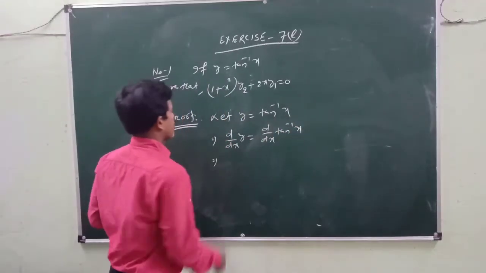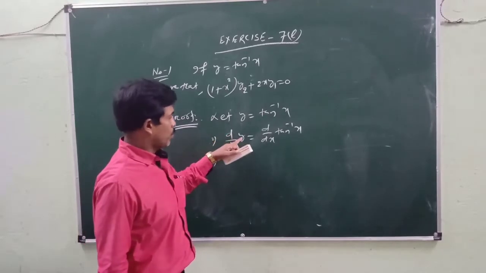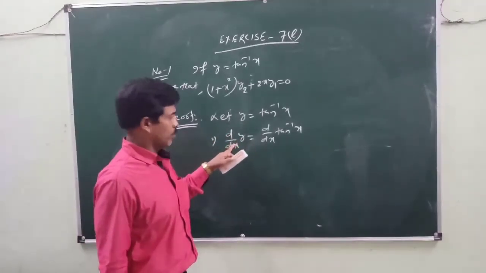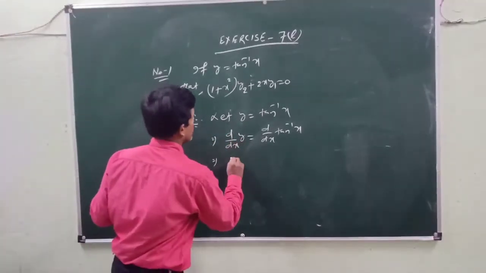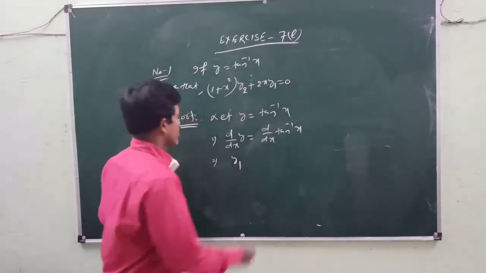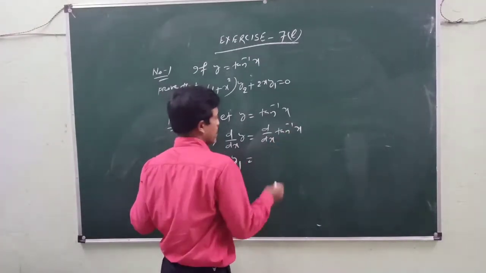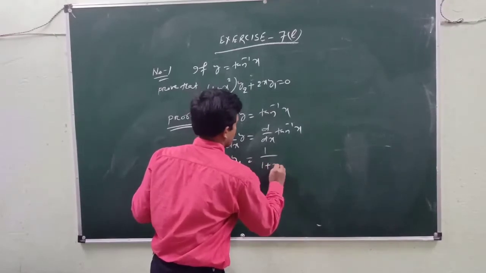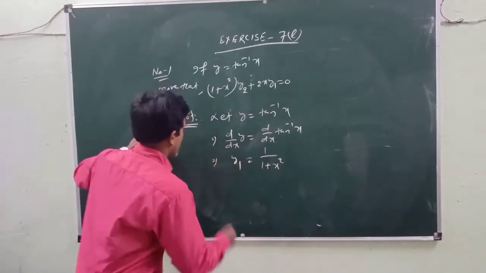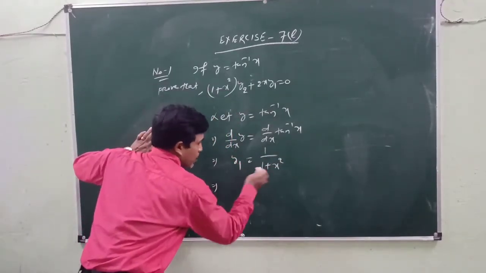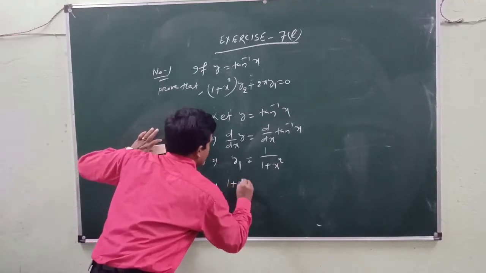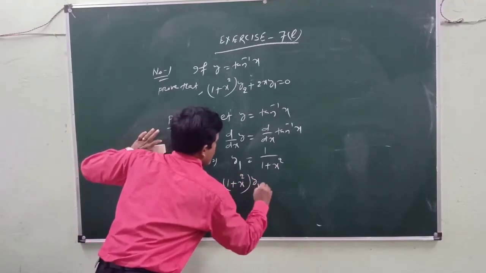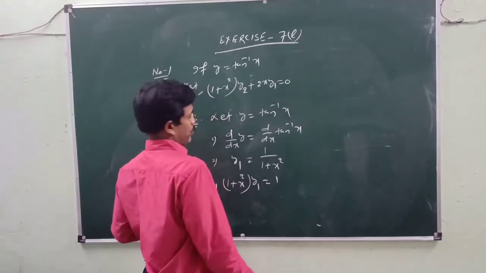I have already told you, when I take the derivative of y one time, it is also denoted as y1. So the derivative of tan inverse x is 1 by 1 plus x square, that implies by cross multiplication it will be 1 plus x square into y1 equal to 1.